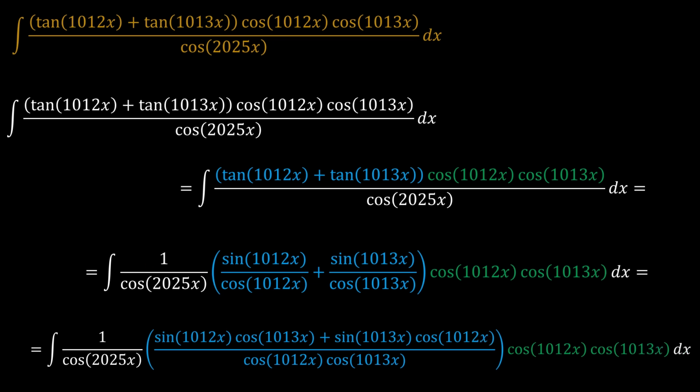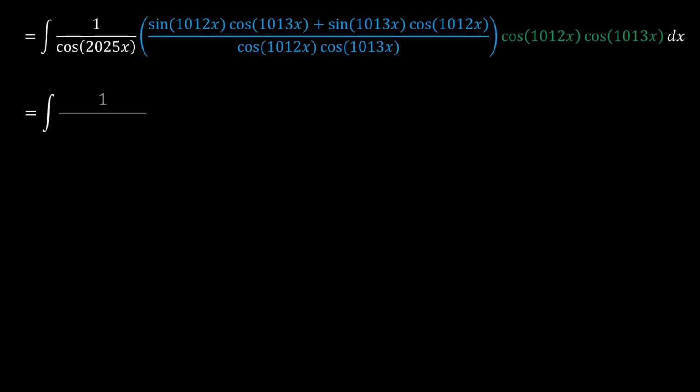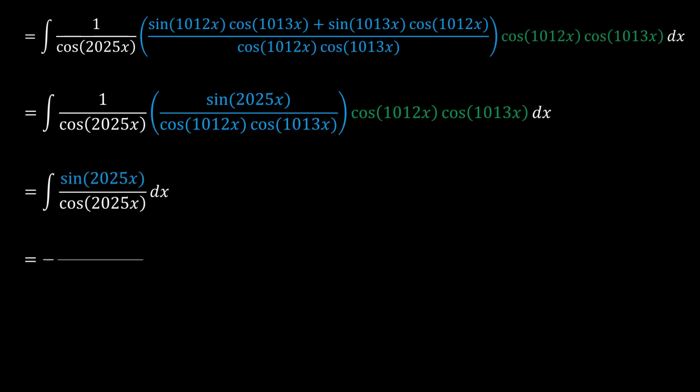So as you can see here, this part and this would cancel out, and eventually we get sine 2025x, this one here, and then the denominator would be cosine 2025x.